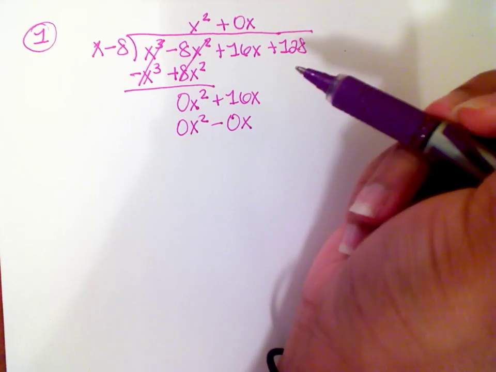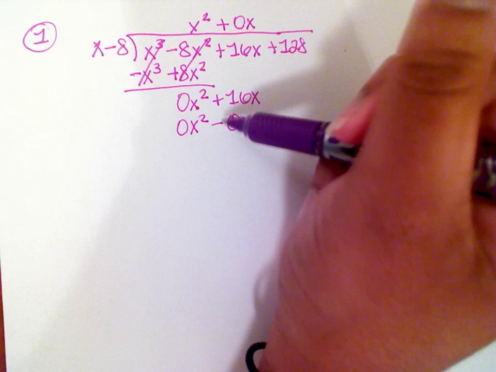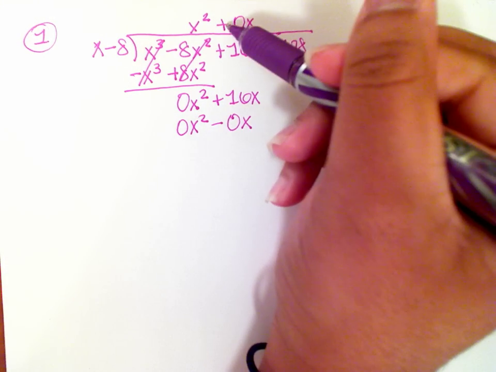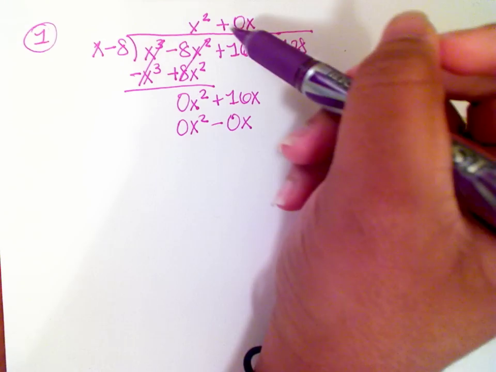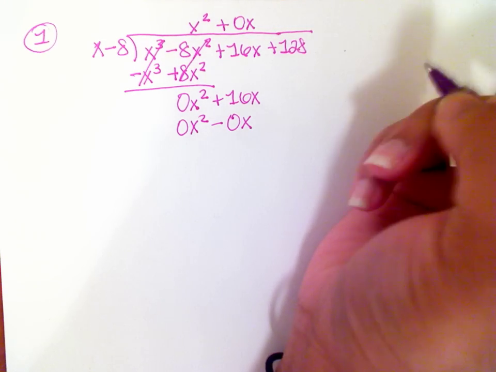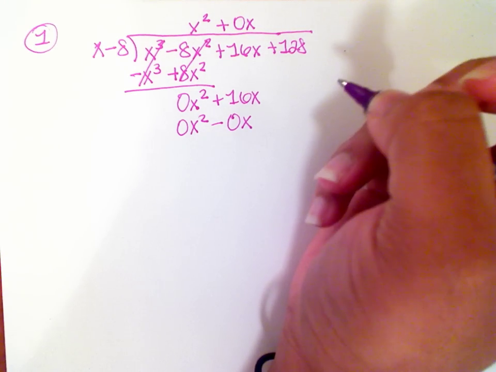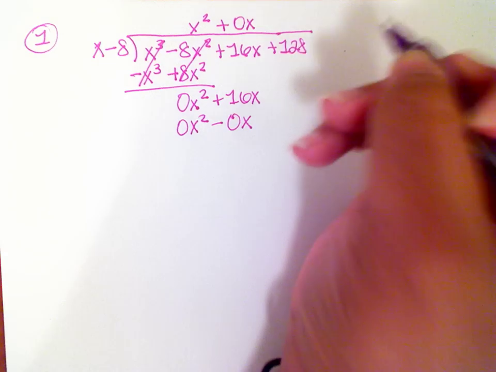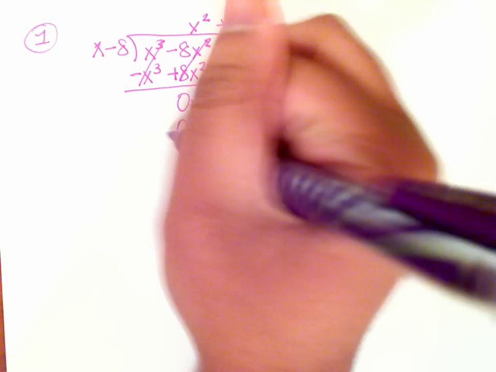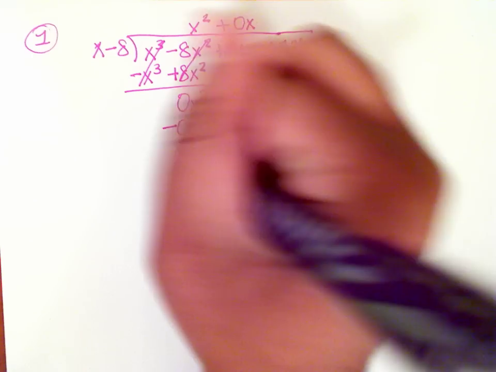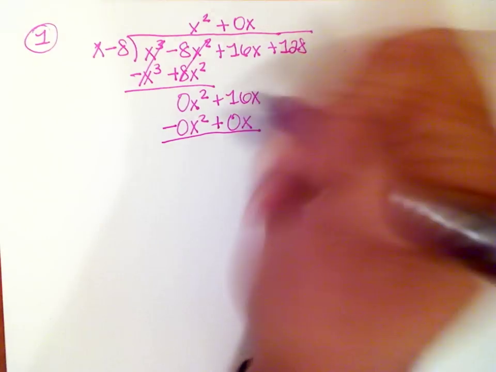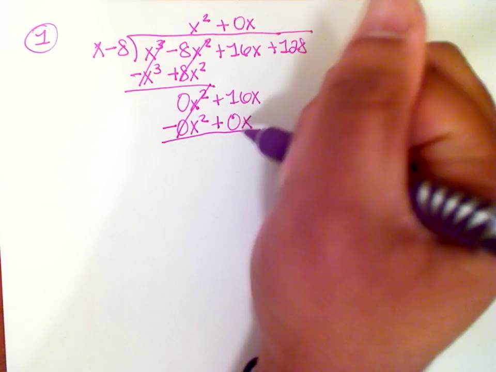I put a negative because negative times a positive, but you could have plus 0 because either way it's still 0. But I'm just doing this to keep with the signs. So then we draw a line and change both signs. So then those cancel and we get 16x, and we bring down 128.